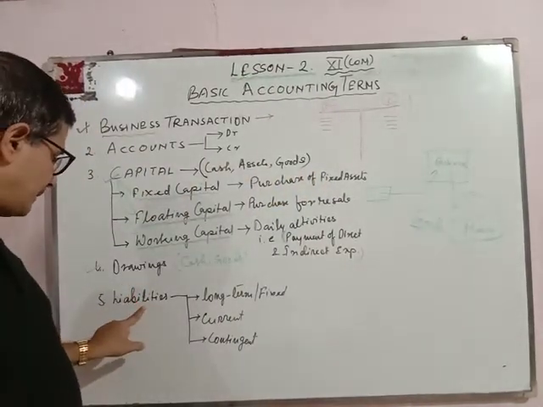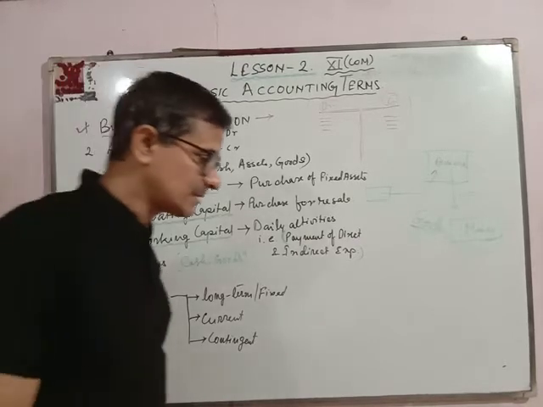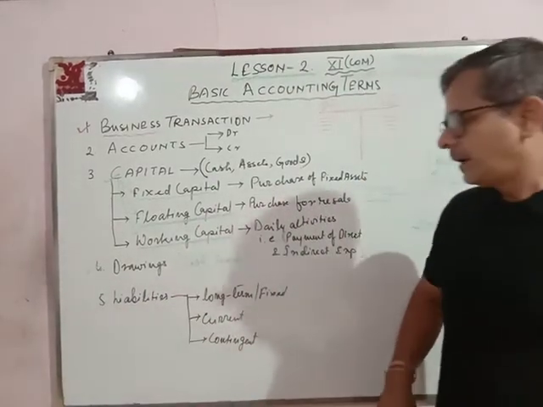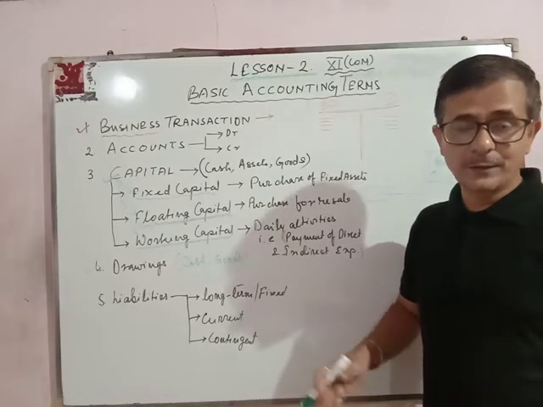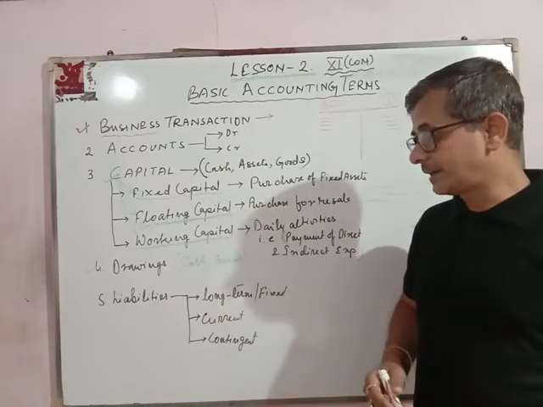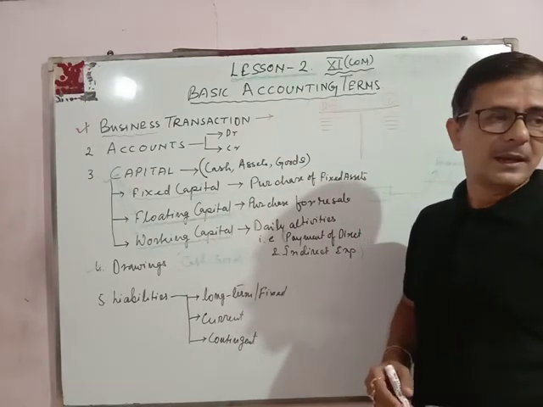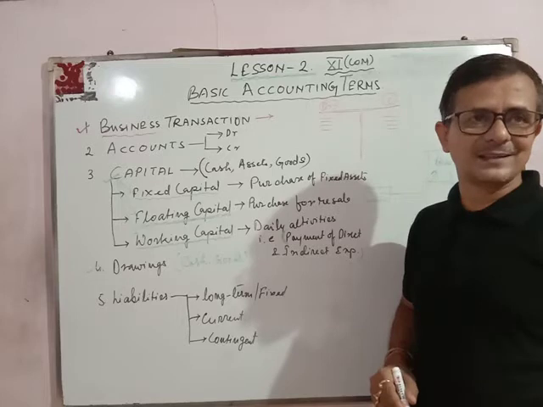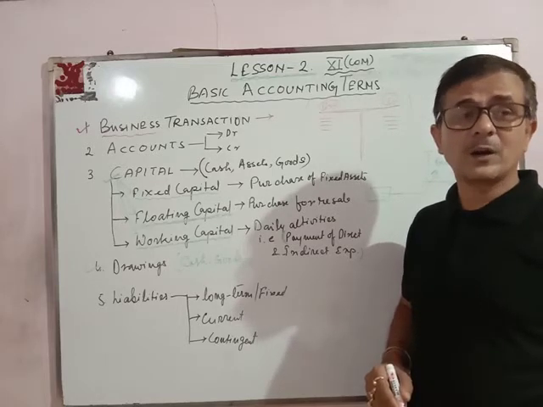Next, let us come to liabilities. Now what is liabilities? Liabilities means, in Hindi we can say udhari. Udhar, every one of you knows what udhari is. So udhari is liabilities. It means you are taking money or things on credit or on a loan basis.